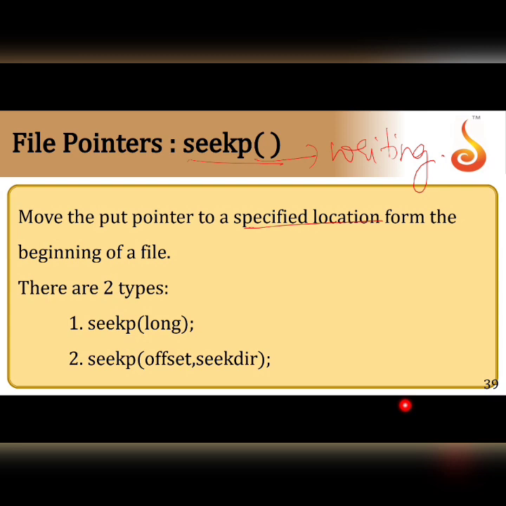Again, similar to seekg, you have two types: seekp(long), wherein you give one number and from the beginning it will move that many bytes, or you can set the direction with seekdir, which is beginning, end, or current, from the current location, and the offset is the number, like if I say 10 bytes, 20 bytes, whatever, I can give that as the offset input. Please have a look.